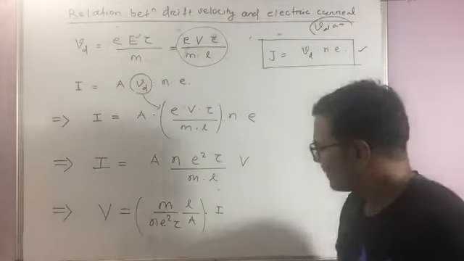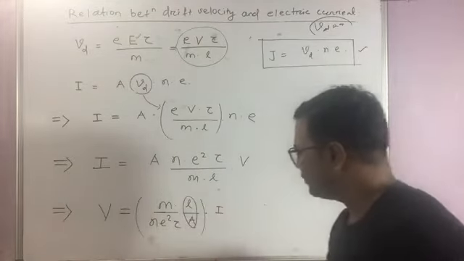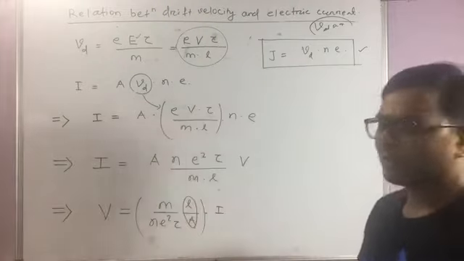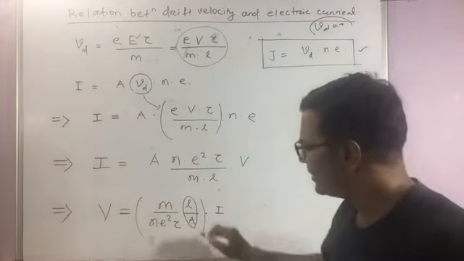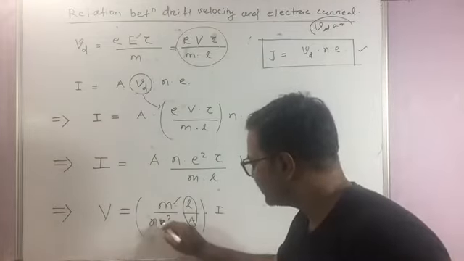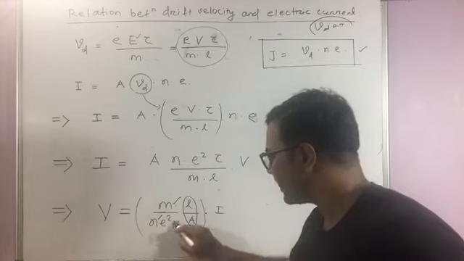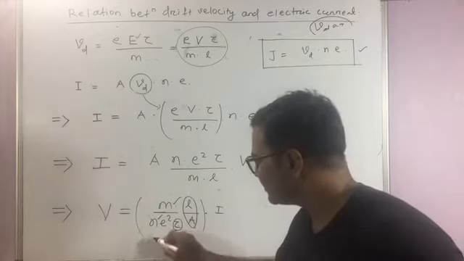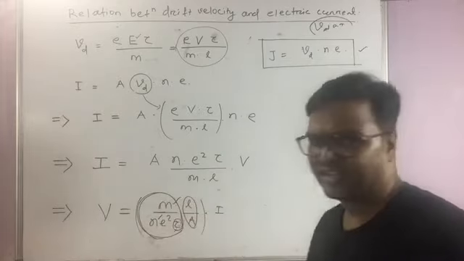You see here, for a particular length of a conductor and fixed cross-sectional area, m is the mass of the electron, n is the number density, e is the charge on an electron, tau is the relaxation time. So you see this quantity depends upon the nature of the material.